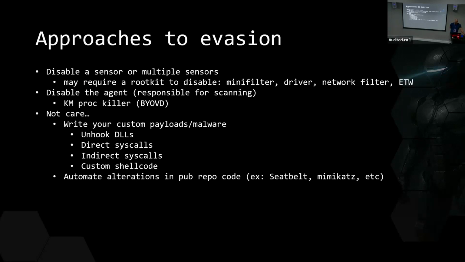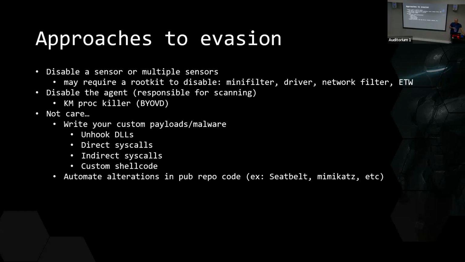Now, approaches to evasion. You can think of it as if you think about the agent with a bunch of sensors throughout the whole system, you can think of it as trying to disable one or multiple sensors, so then you can act on whatever. If you are able, for example, to disable the sensor that detects that a new process has started, you can then start as many processes as you want, and it probably will not trigger an analysis of the EDR onto that payload.